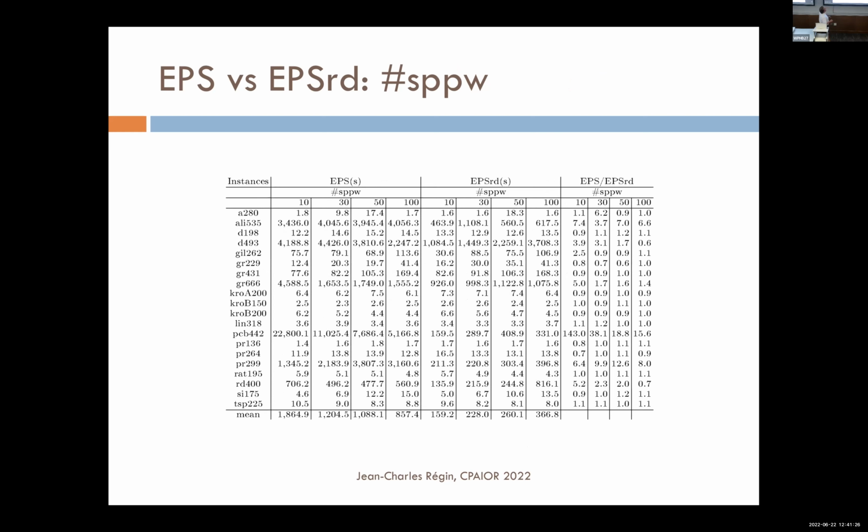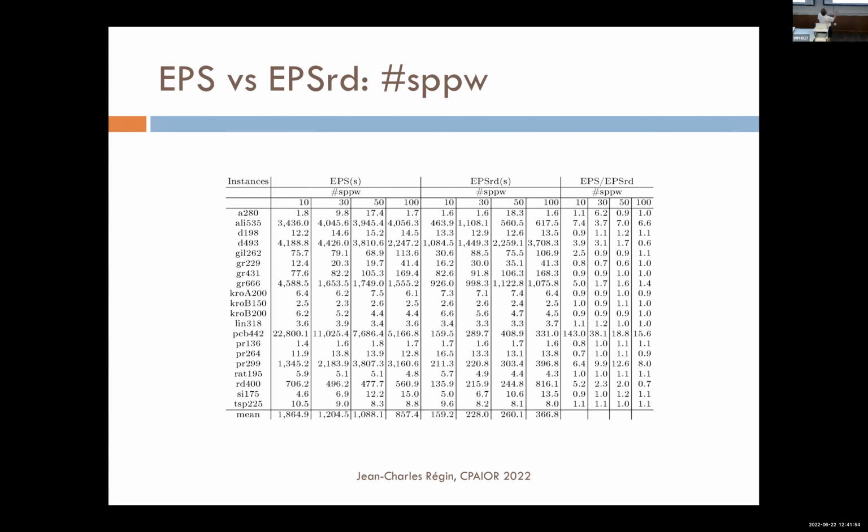Now if we continue, if we look at the number of sub-problems per worker, I mentioned at the beginning that for EPS, it was between 30 and 300. And here we can see that this is the case. 10 is not enough most of the time. And we have some degradations that are very bad, and sometimes it's the opposite.